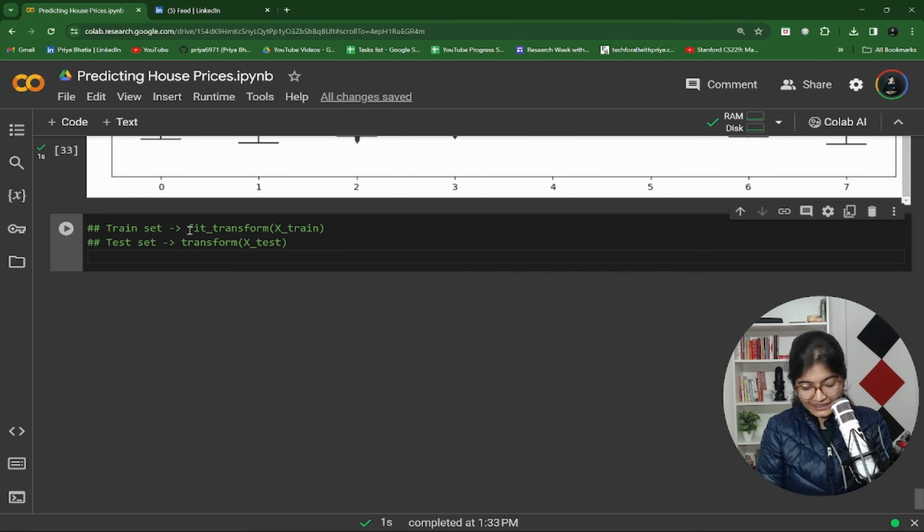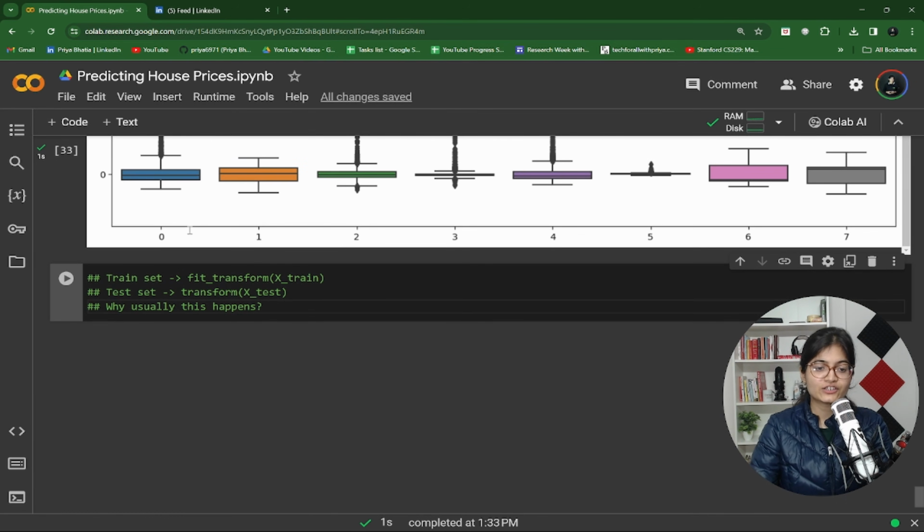Now, in an interview, the interviewer can ask you why this usually happens. That in the training set, it's always recommended to use the fit_transform function when we are doing normalization, and on the test set, it's recommended to go for the transform function. What is the significance of that, and why are we using this kind of thing?